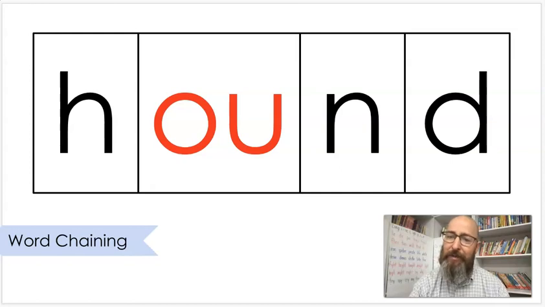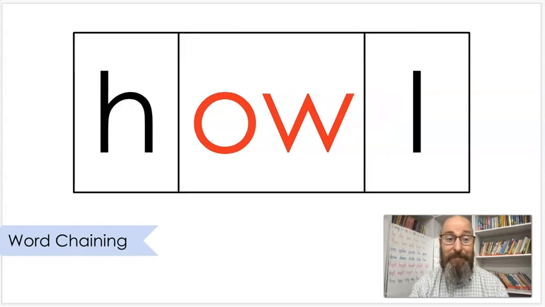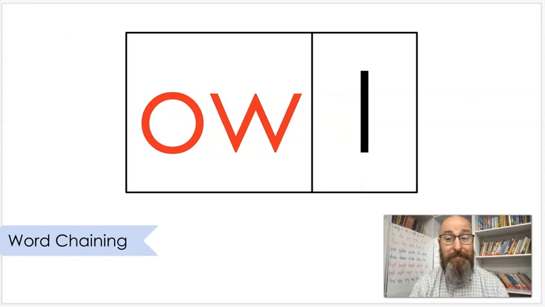Now let's say hound, but let's get rid of the ND. What's left? Howl. Now let's say howl, and let's put a L at the end. What do I get? Howl. Now let's say howl, but let's drop the H. What's my word now? Owl.